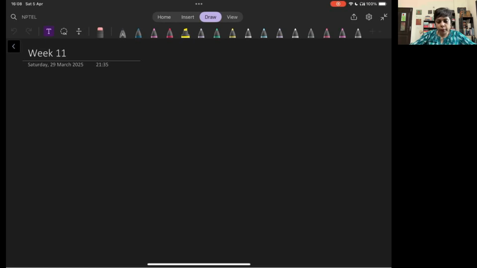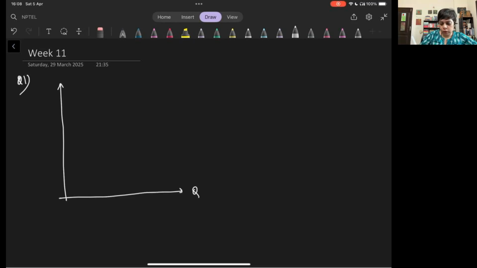So let me just redraw the diagram here so I can explain. So this is question 1. So let's say this is the marginal cost curve and this price line is P star.